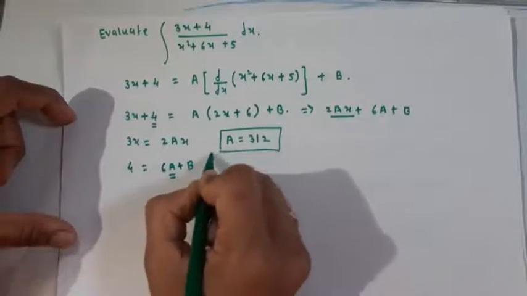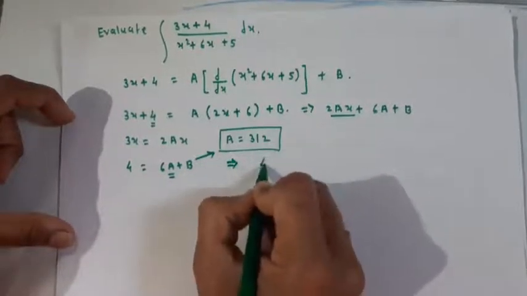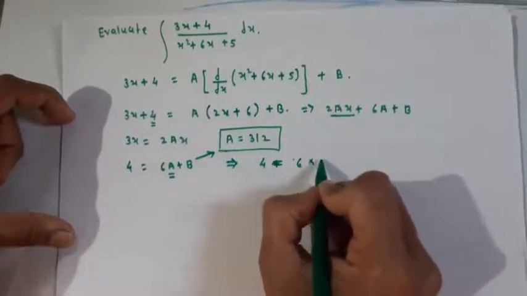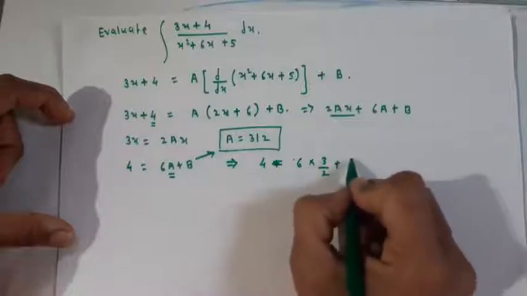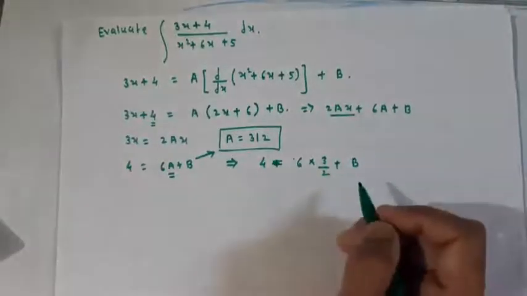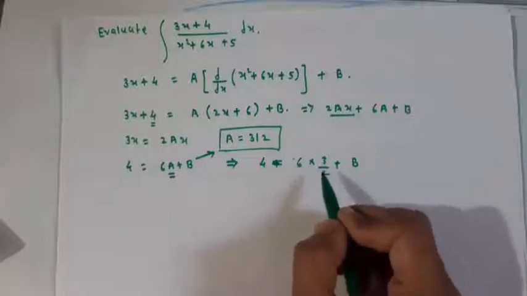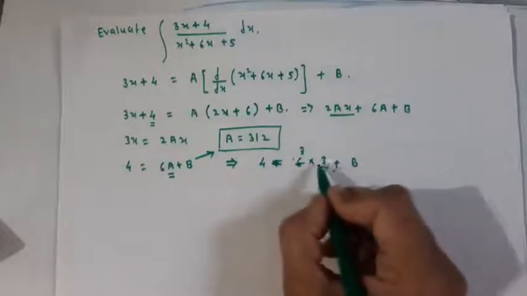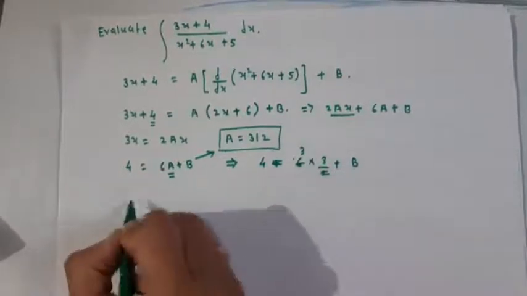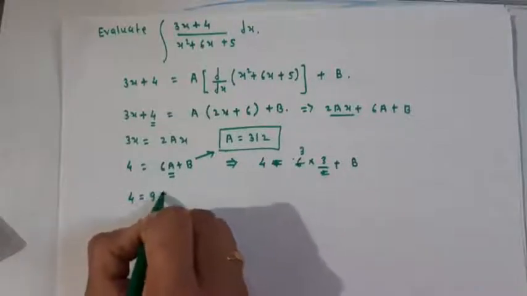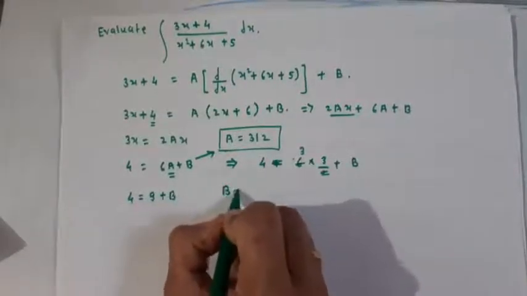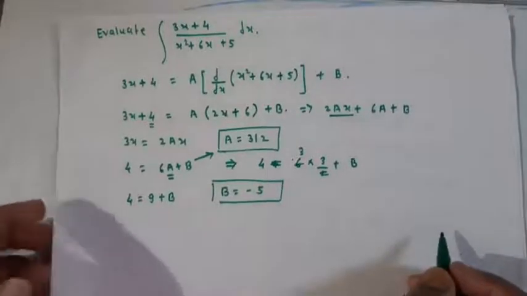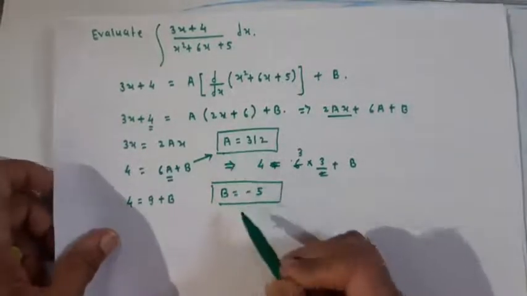Put the value of a from here, we get 4 equal to 6 into 3 by 2 plus b. 2 3s are 6, and 3 3s are 9, so 4 equal to 9 plus b, and this implies b equal to minus 5. In this way we have found the values of a and b.